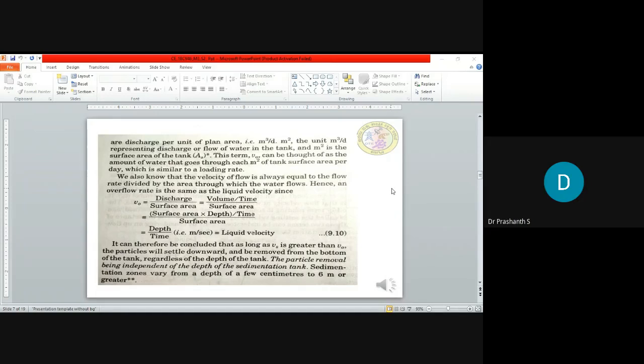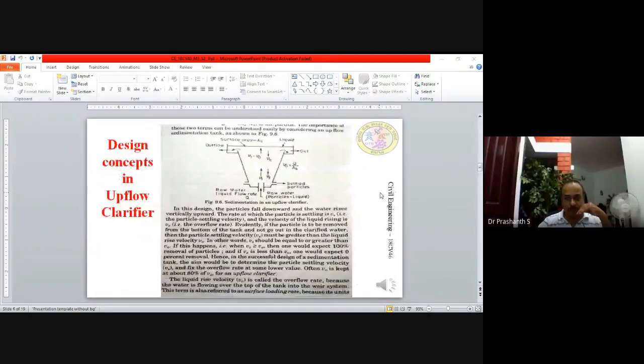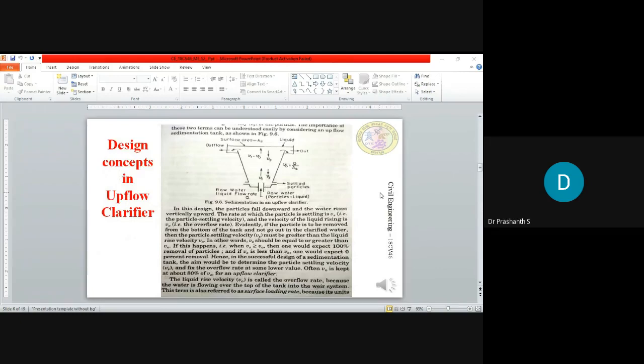So particles fall downward. In this tank, again, I am going to explain. Water to be treated is taken from the bottom of the tank. It is moving upwards. As it is moving upwards, it is carrying the suspended particles. When it is moving with the velocity of V naught, the particles try to settle down because of gravity.